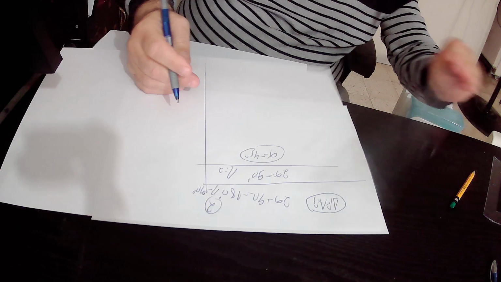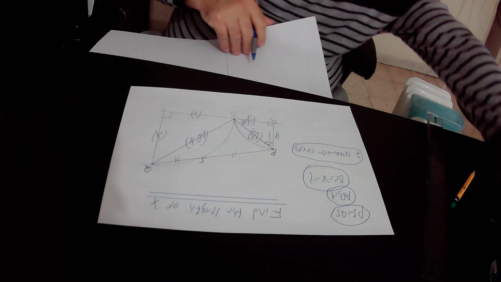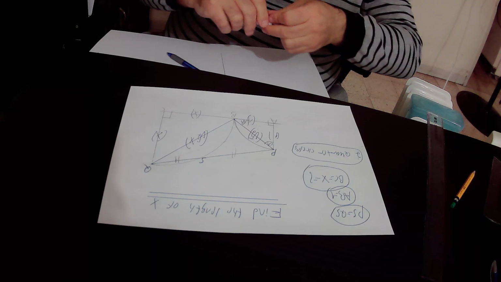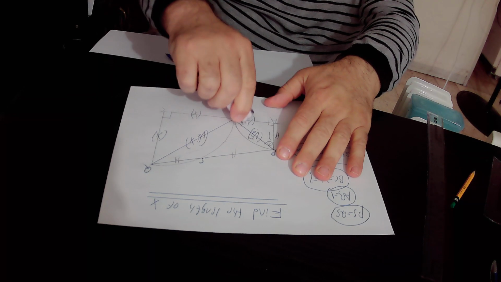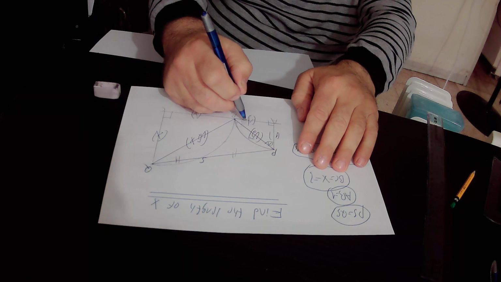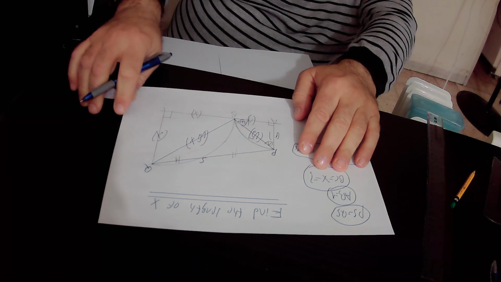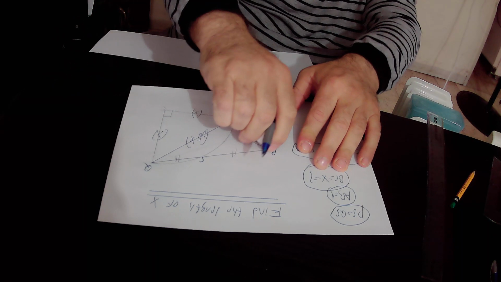So actually, this is angle alpha that equals 45 degrees in its size. And this is also angle alpha that equals 45 degrees.